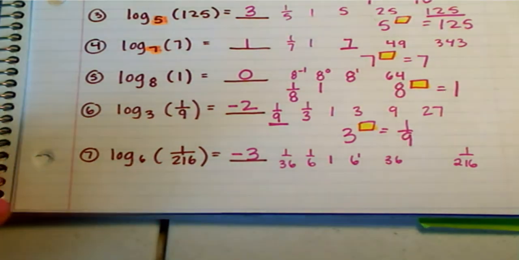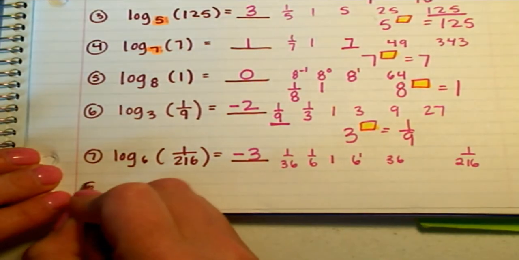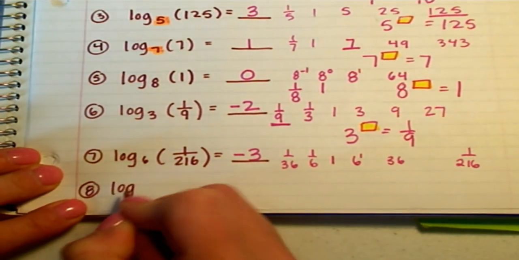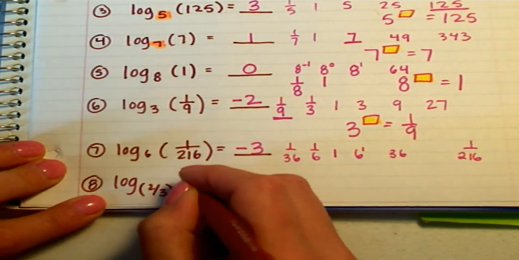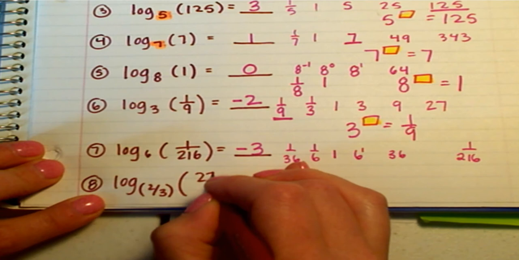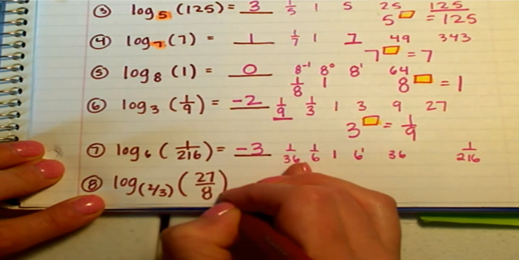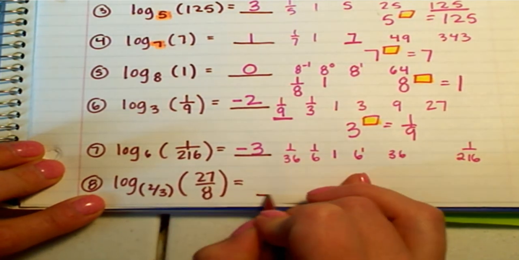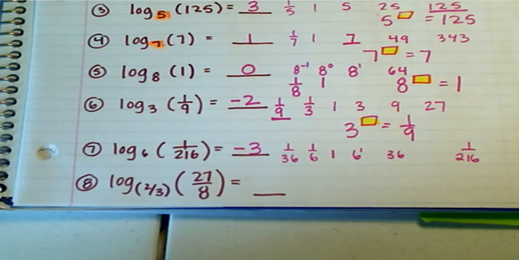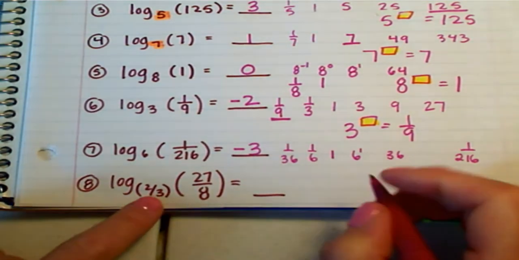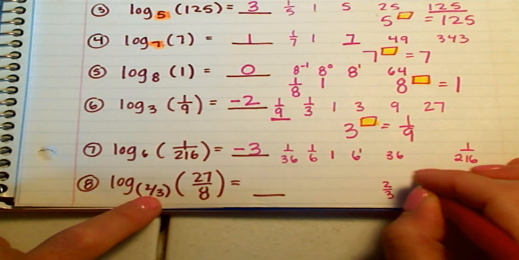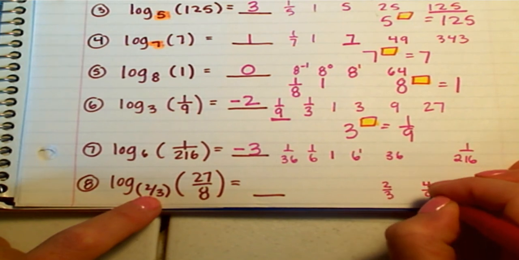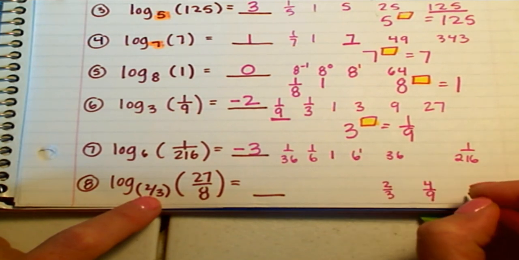All right. Now let's do one funky one. What happens if I get a fraction? Log base 2/3 of 27/8 equals what? So I'm going to go ahead and start here at the base, which is 2/3. And I'm going to go power. So that's square the top and the bottom.